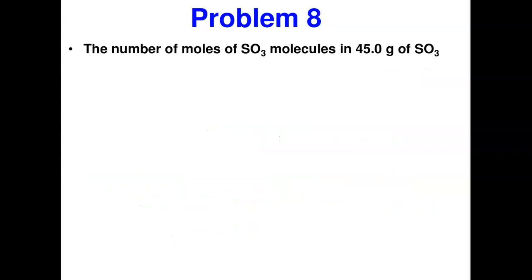In the next problem, the same thing. Remember, we're trying to solve problems using those relationships I gave for sulfur trioxide in the previous relationships, because this is a good example to use. It says the number of moles of sulfur trioxide molecules in 45 grams. Again, look at what is given. We're going from grams of SO3 to moles of SO3.